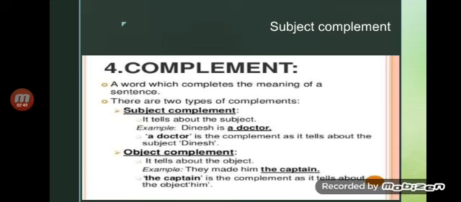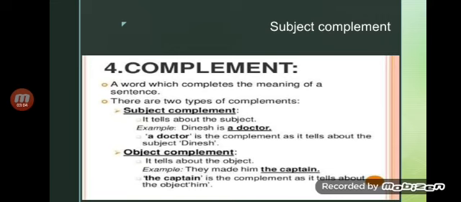Okay, so now we must go step by step. As I have told you earlier, the complement is a word that completes the meaning of a sentence. Every predicate has a verb, but some predicates need more than a verb to complete the meaning.